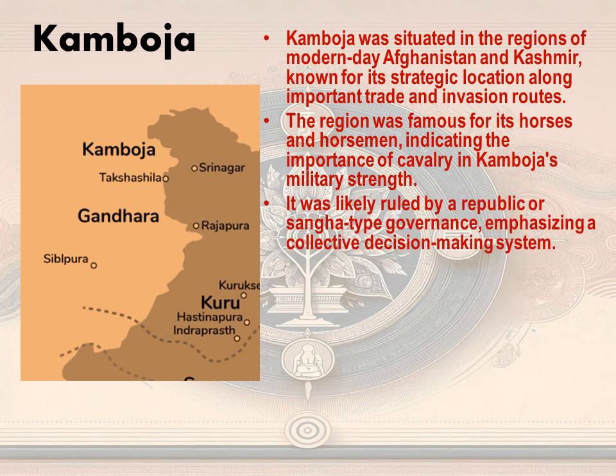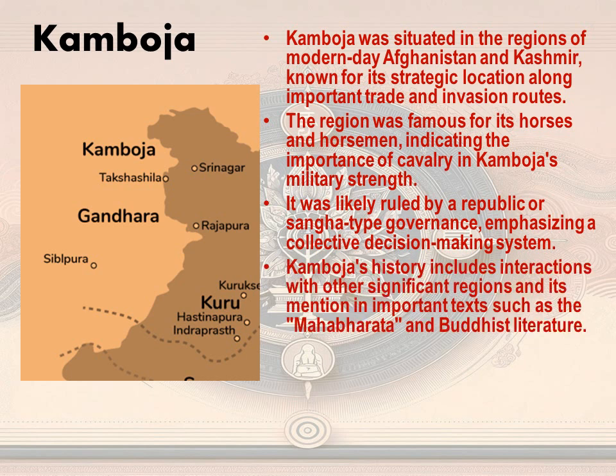It was likely ruled by a republic or Sangha type governance, emphasizing a collective decision making system. So here we get a form of democracy which is a Sangha type governance. Kamboja's history includes interactions with other significant regions, and it's mentioned in important texts such as the Mahabharata and Buddhist literature.